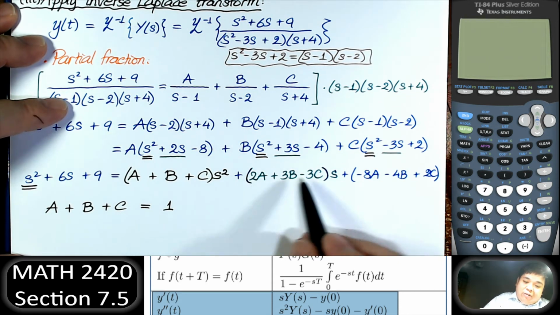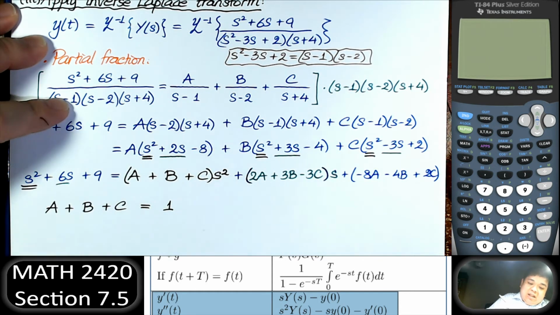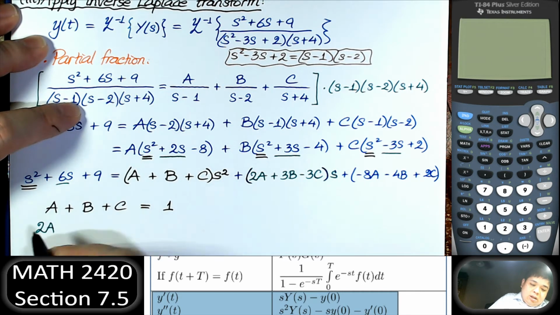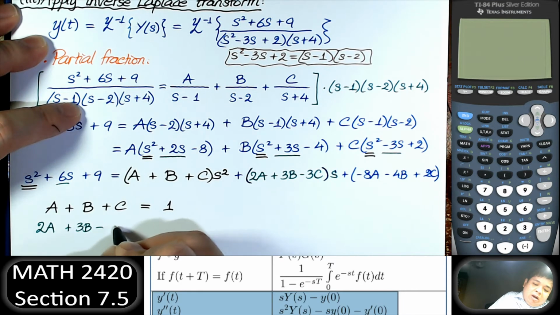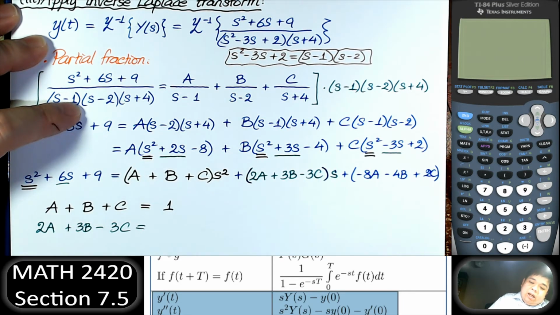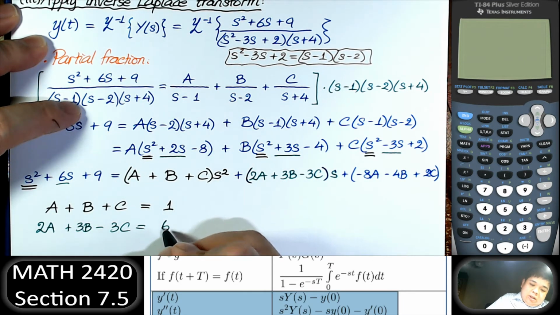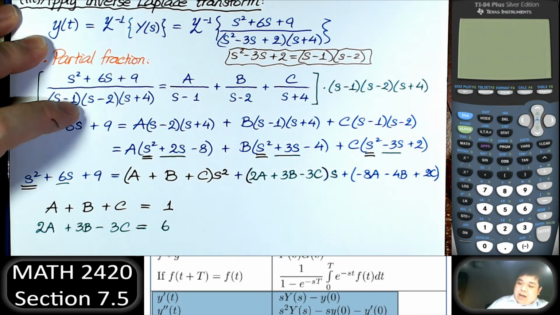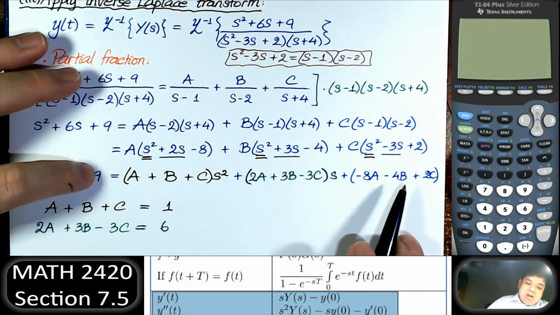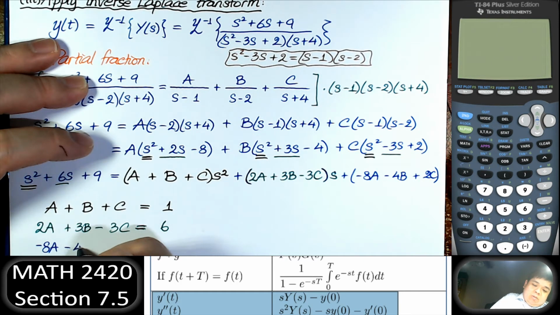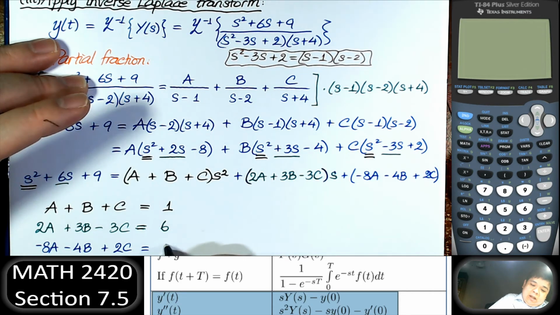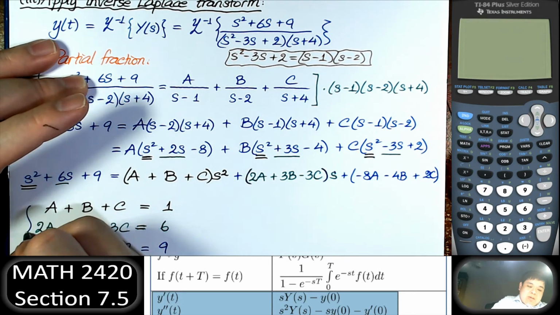Next, matching 6s, the second equation is 2A plus 3B minus 3C equal to 6. And the last equation must be equal to 9: negative 8A minus 4B plus 2C equal to 9. So this is the system of equations.